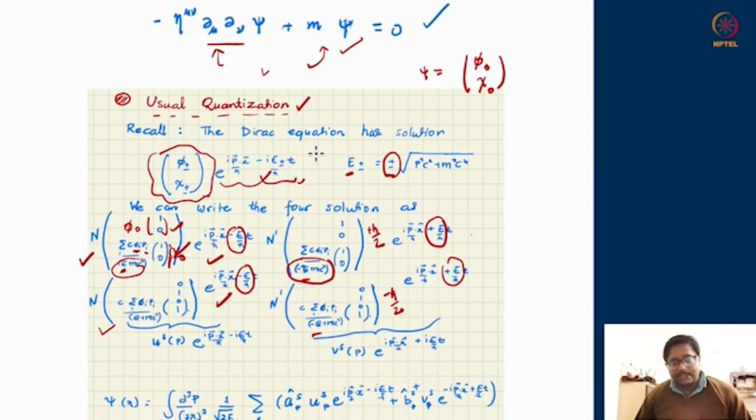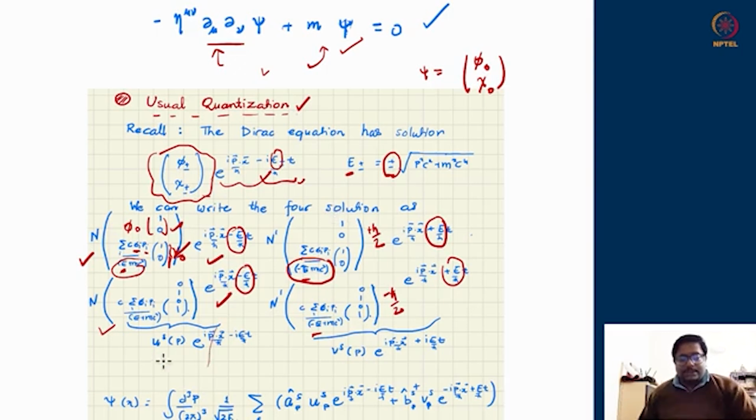This is field theory, so the parameter appearing over here has not been shown to be the eigenvalue of the Hamiltonian operator. So I'm loosely calling it energy in the spirit of the Schrodinger equation structure, which we used to call it. So this is really positive frequency and negative frequency solutions which we are talking about.